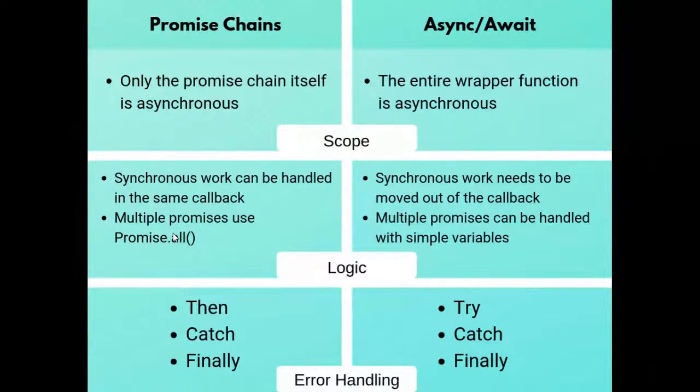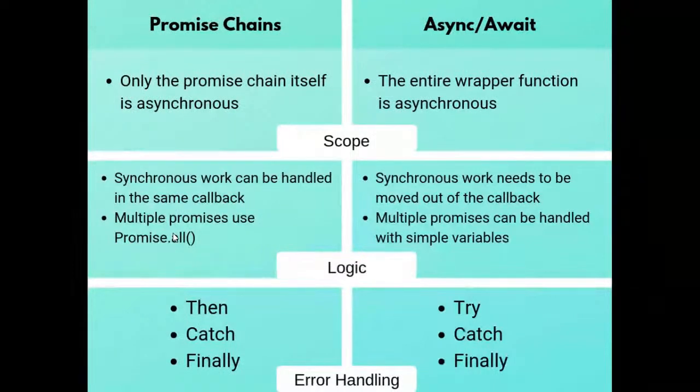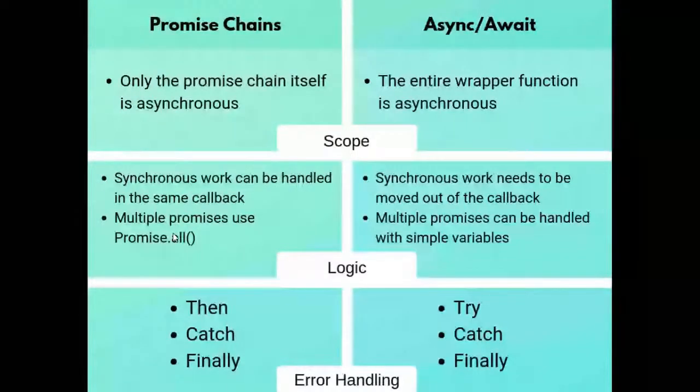Promise chains are asynchronous, but only the promise chain itself is asynchronous, meaning that the outside code, the function that it is running in, is not necessarily asynchronous. With async await, our entire wrapper function is asynchronous, and asynchronous just means that it needs to wait for something to come back.